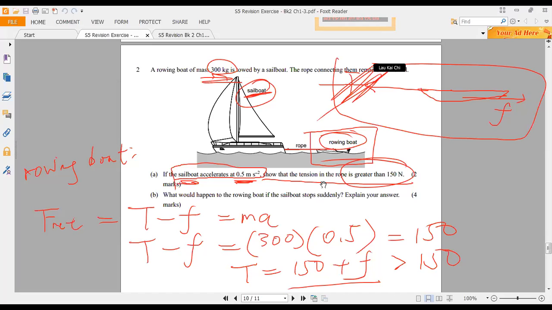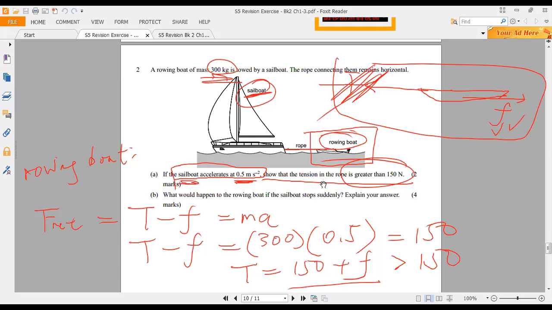When the tension is no longer existing, there's only water resistance, isn't it? So the water resistance is opposing the motion. That means it would be slowing down the rolling boat. So what would happen eventually depending on the initial speed of the rolling boat?